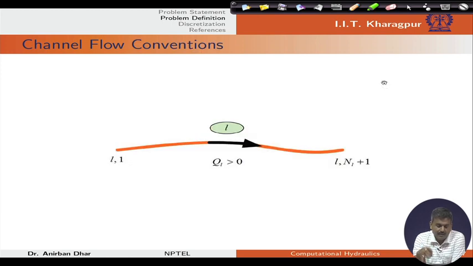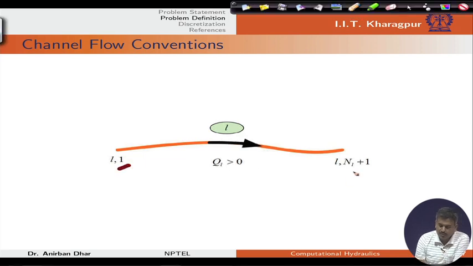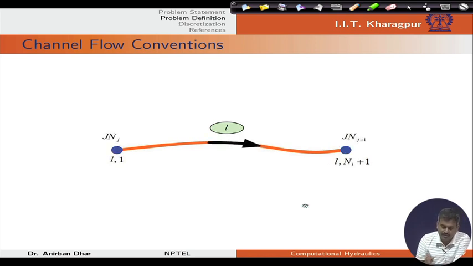For different channel reaches, if the flow is from section 1 to NL plus 1, we will consider that flow is positive, and if this QL is negative, we will consider that NL plus 1 to 1 is the flow direction.